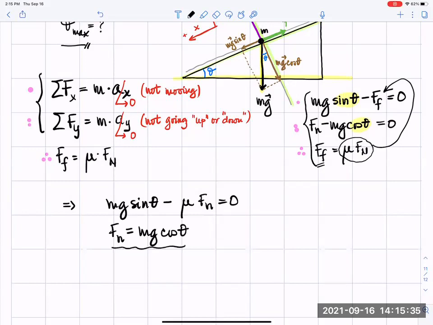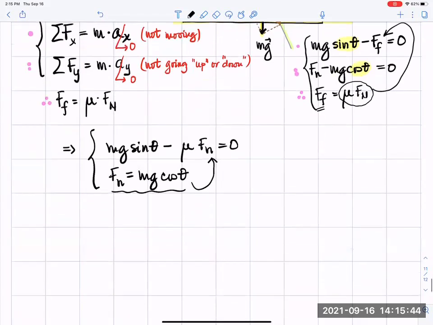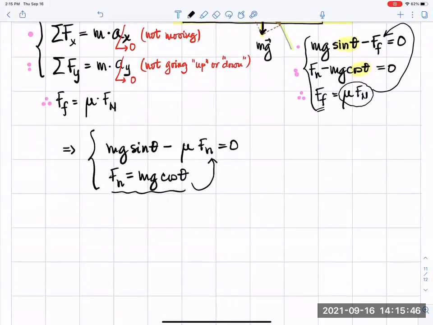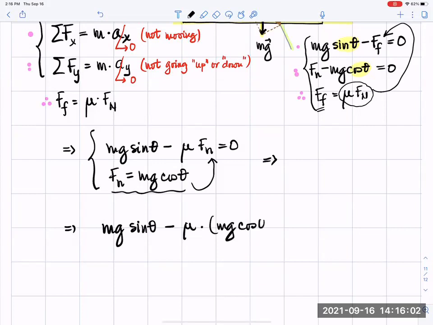That one I'm going to plug in here. So this is by substitution; you substitute and eliminate, but not a pure elimination method. Now from these two, you put them together, and you get mg sine of theta minus mu times, instead of Fn, mg cosine of theta, and that is equal to 0.